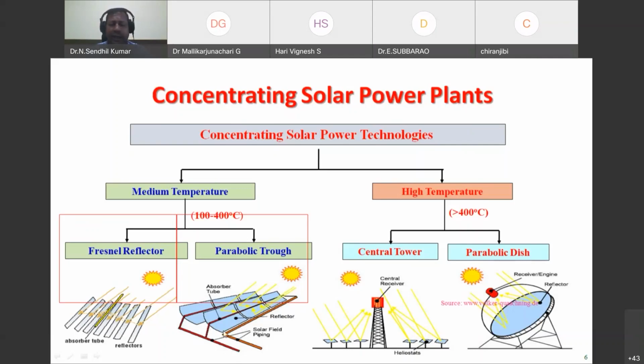In any solar thermal power plant, one of these equipment types will be there. What are the major advantages and disadvantages?